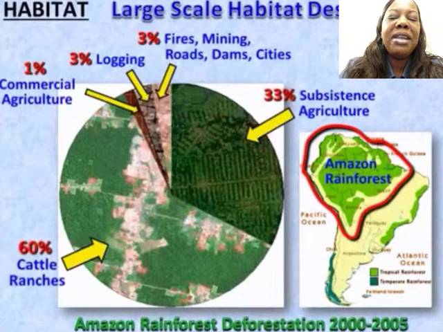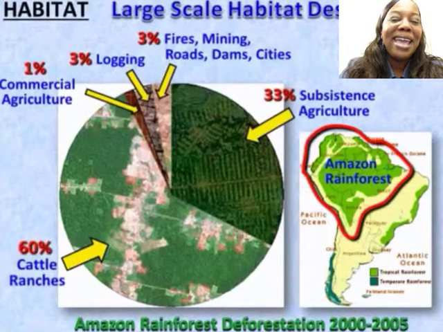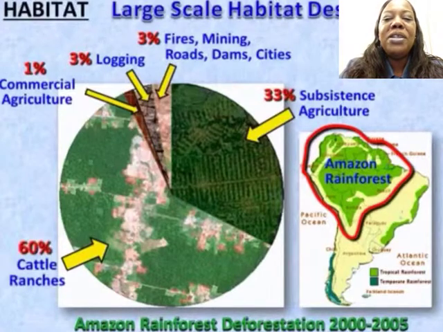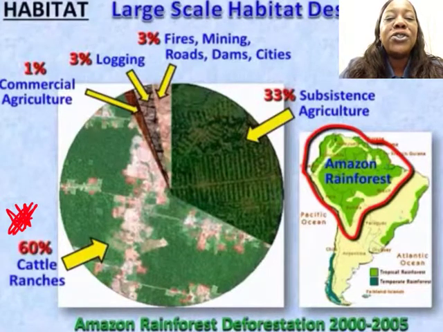All are contributing factors to habitat destruction, mainly created by humans. So therefore, to save our land, to save our oxygen, and to help maintain healthy foods, humans must be very cautious about cattle ranches because they in themselves consume 60% of our land.